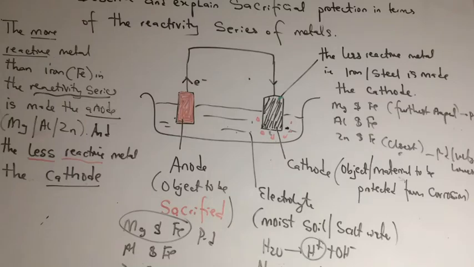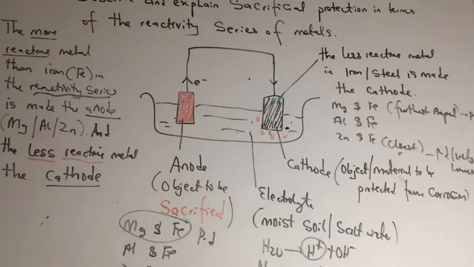So the reaction can start on its own, especially when you have two different metals with different electrical potential. So electron will flow from the more reactive one, which is invariably made the anode, to the less reactive one, which is invariably made the cathode. So invariably you are protecting the cathode from corrosion, iron rust.